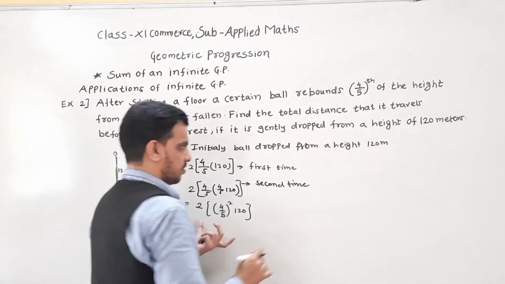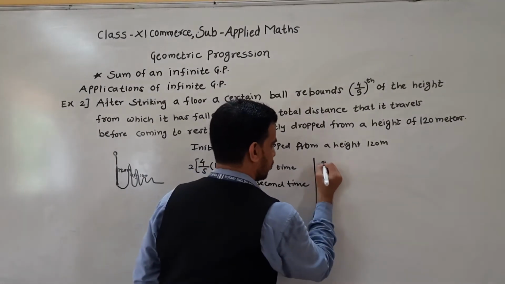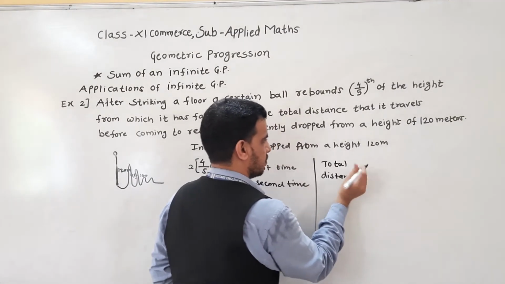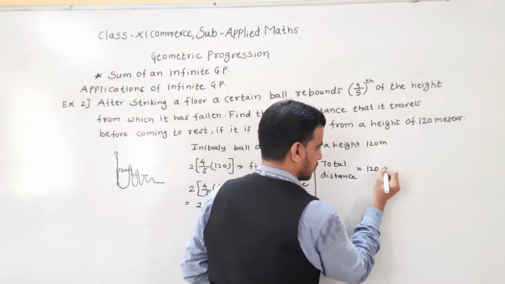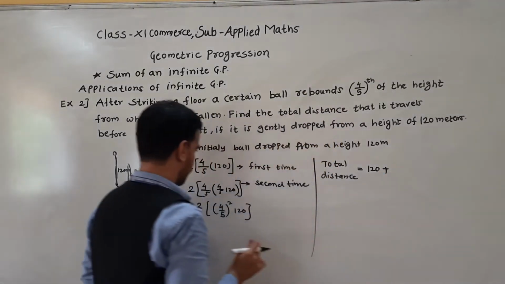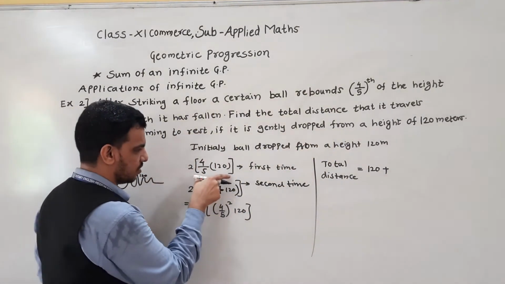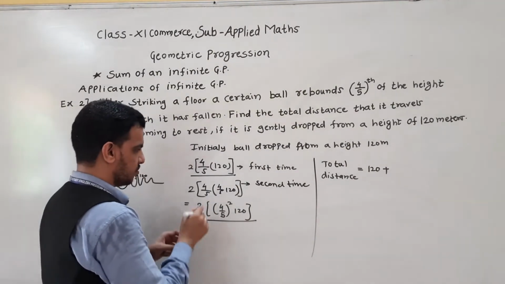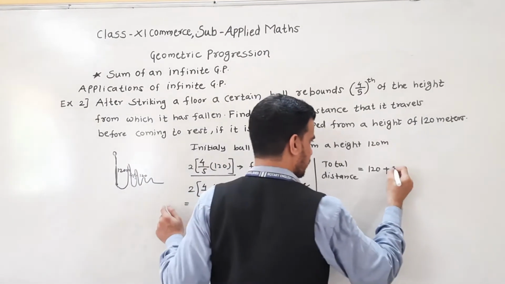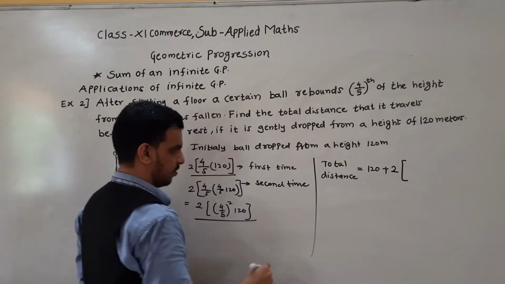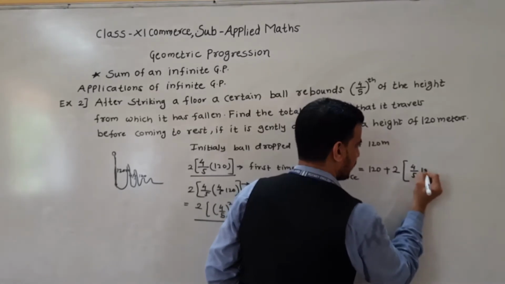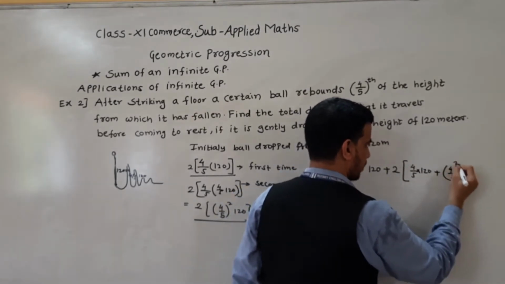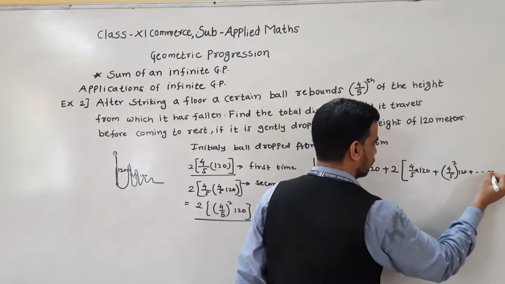Okay, so we can find the total distance. Total distance is equal to this 120 as it is, plus, now from all these distances we can take 2 common. So 2 in bracket, first is 4/5 of 120 plus 4/5 square into 120 plus, and so on up to infinity.